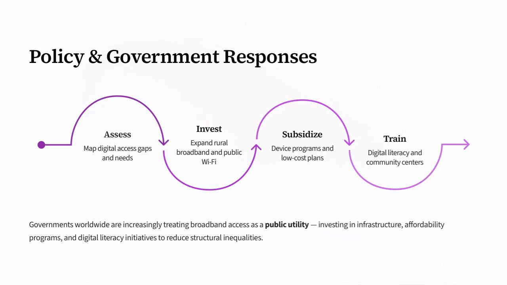They also subsidize devices and low-cost service plans, helping affordability become less of a barrier. Finally, they train people through digital literacy programs and community centers. Broadband access is increasingly treated as a public utility, not a luxury. Together, these efforts address infrastructure, cost, and the skills required to participate fully online.